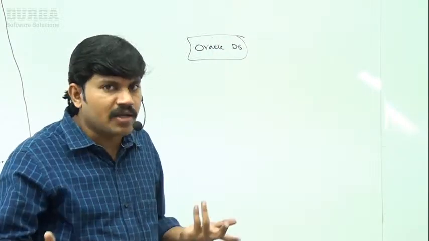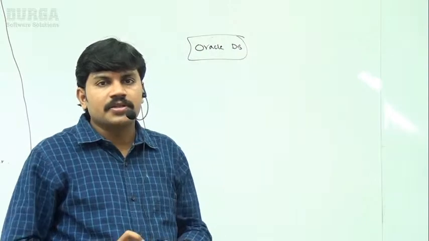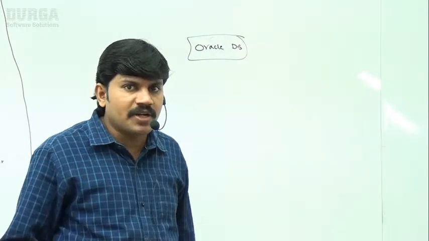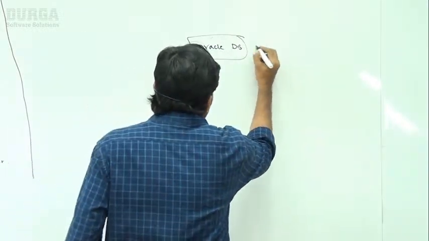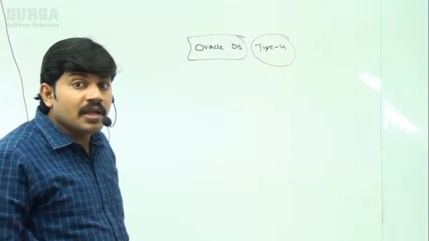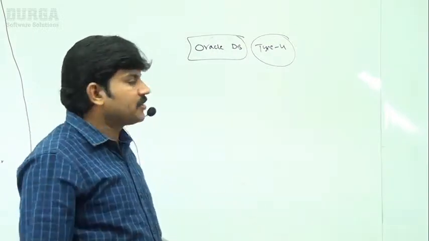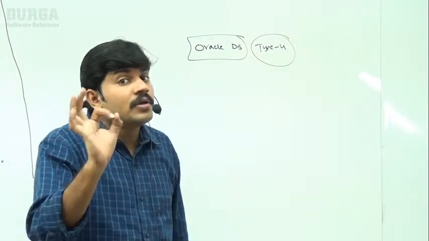It may be Oracle or MySQL. If in our application we are using only one type of database and we never change our database, it is highly recommended that we go for the type 4 driver. Are you getting that?